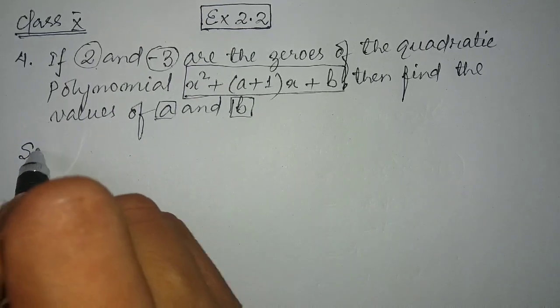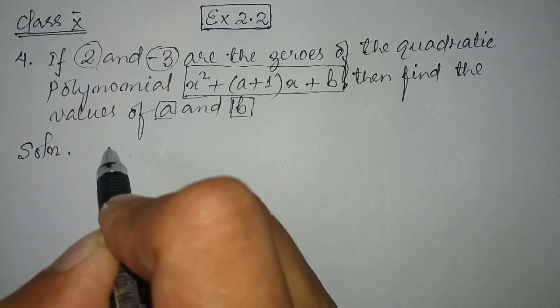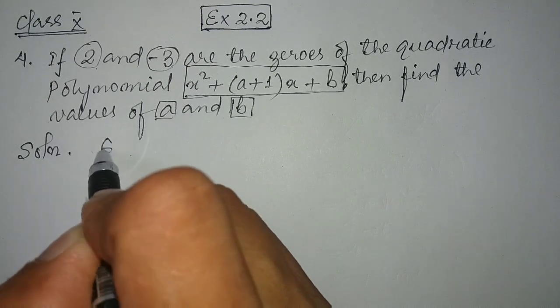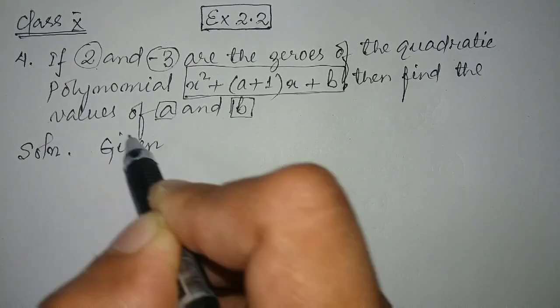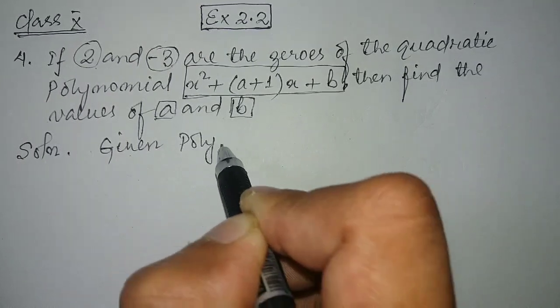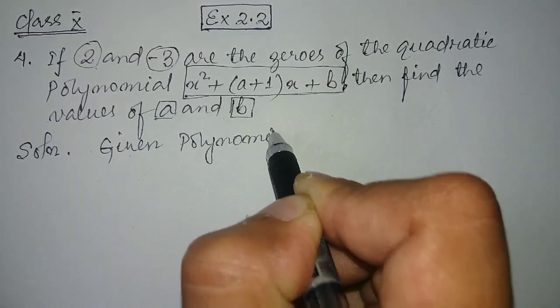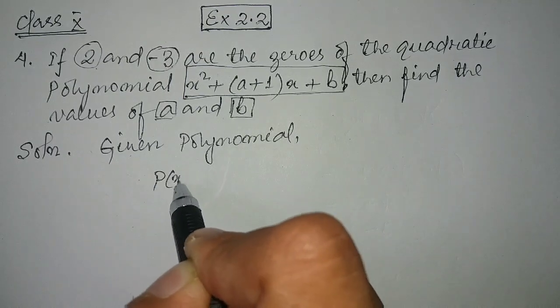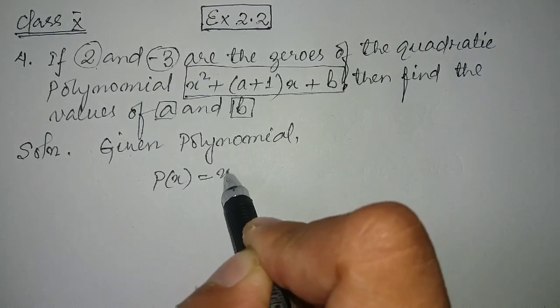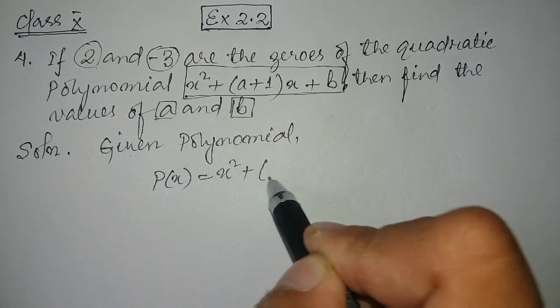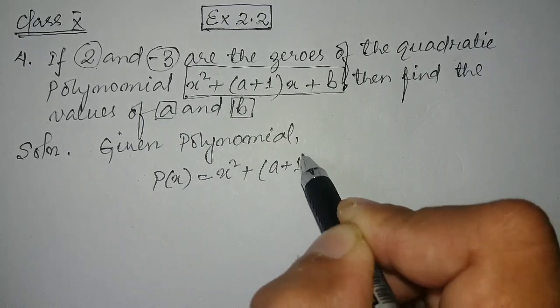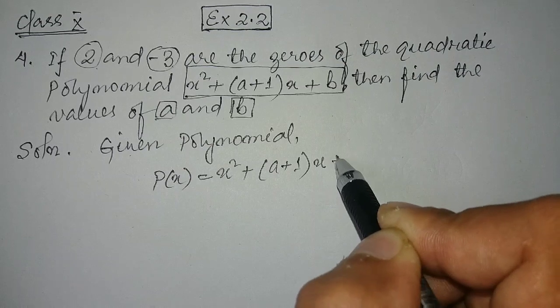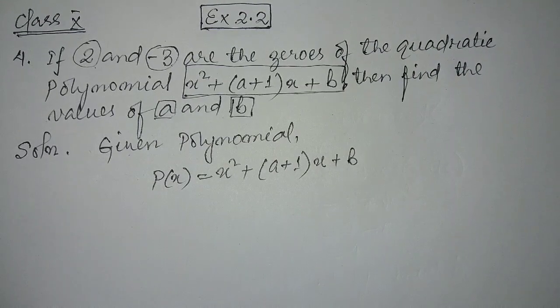Now the given polynomial is, let's say, p(x) = x squared plus (a plus 1)x plus b.